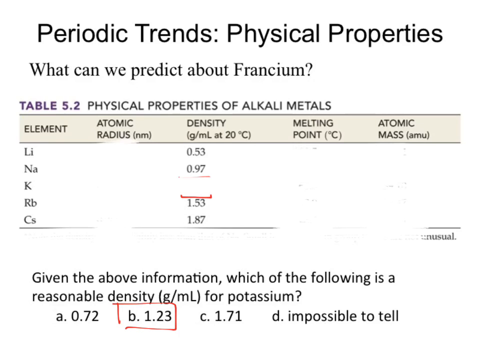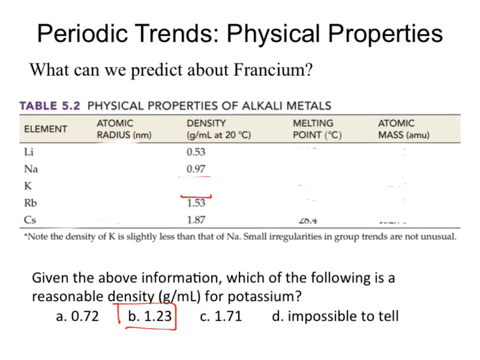If we look at what that says, read it really carefully. Small irregularities in group trends are not unusual. Okay. Why? What other things might contribute to those irregularities? When we're looking at density, what is density?